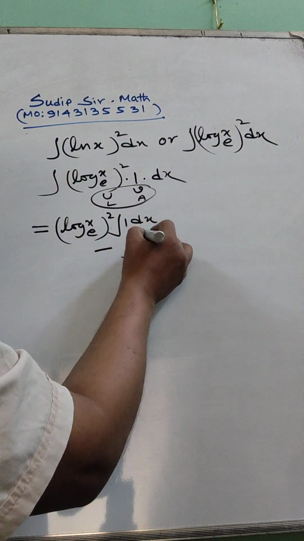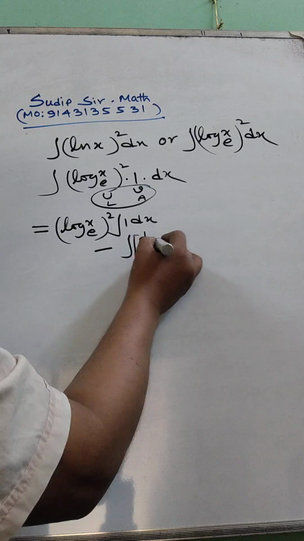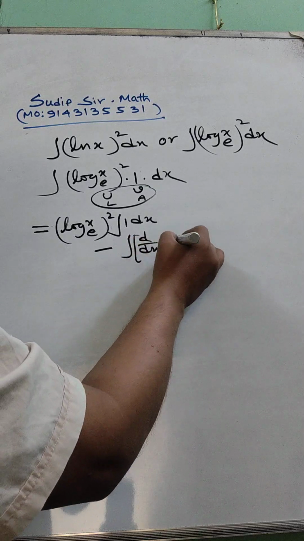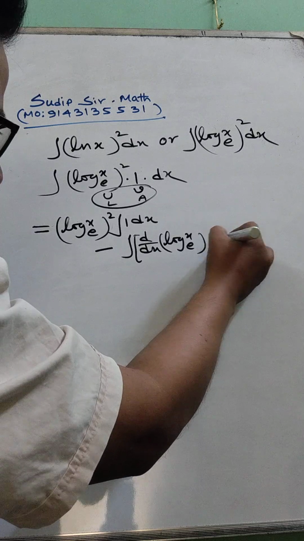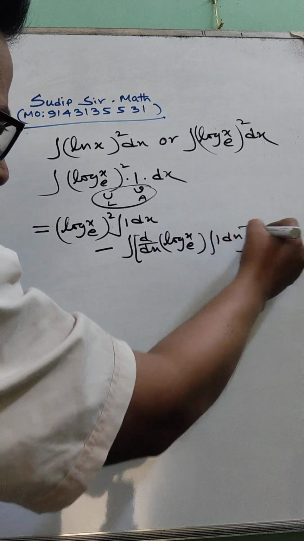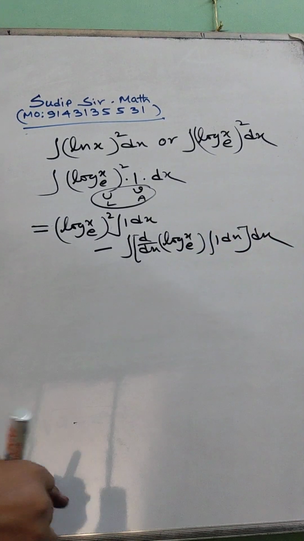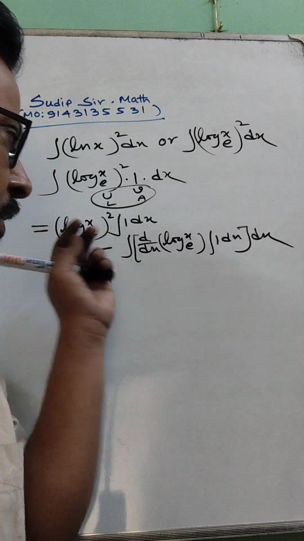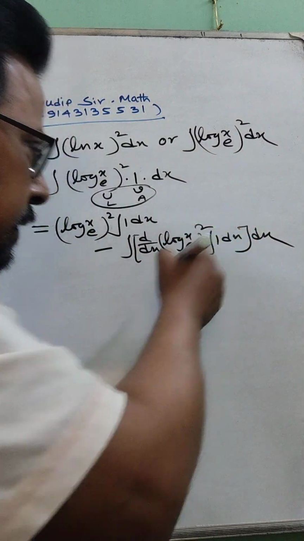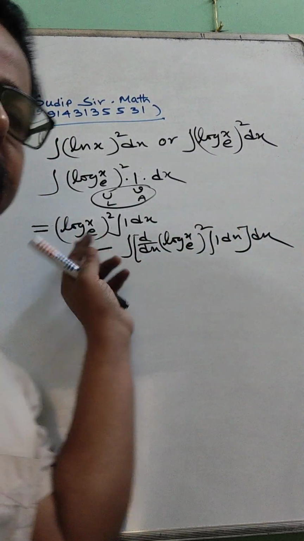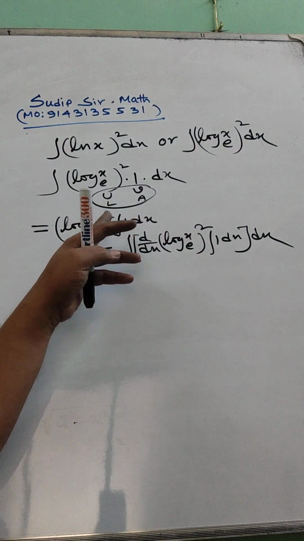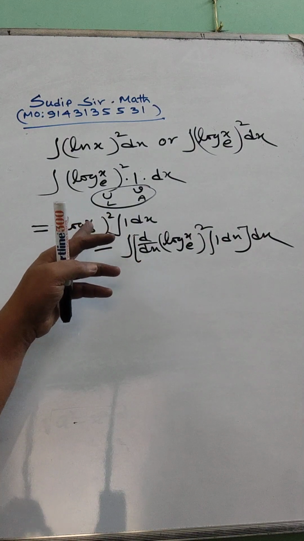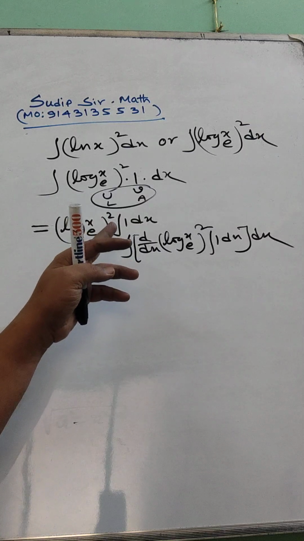Minus integration of d dx of log x base c whole square into integration of 1 dx, whole dx. Clear? This is u, integration v dx.